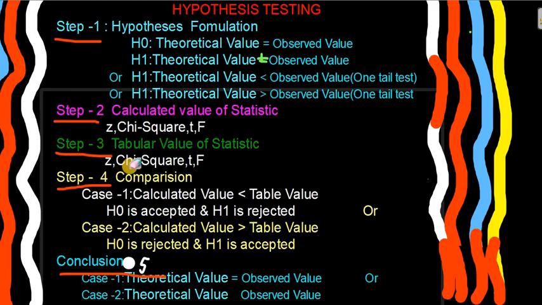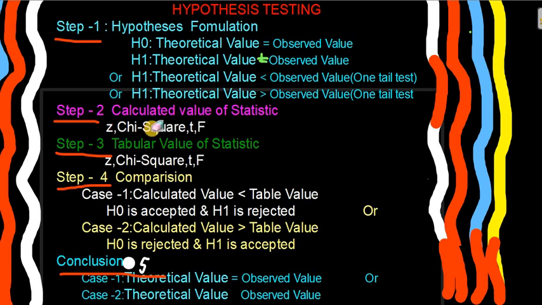Now what about the third step? The third step is the tabular value of the statistic. For the given statistic, whether it is normal, chi-square, T or F, a tabular value will be identified from the tables. Z, that is the normal table, has its own tabular value.